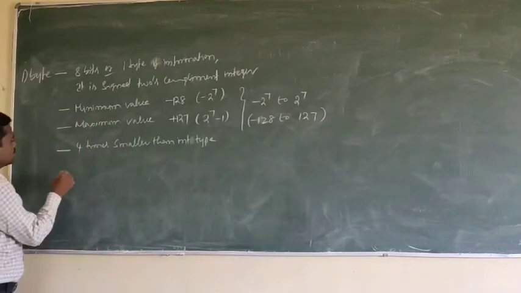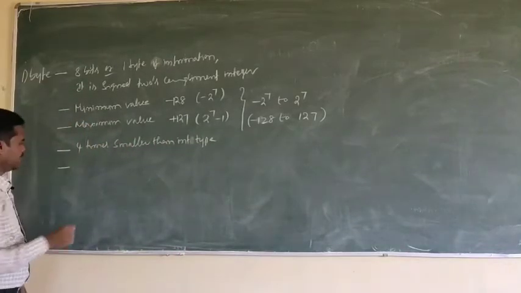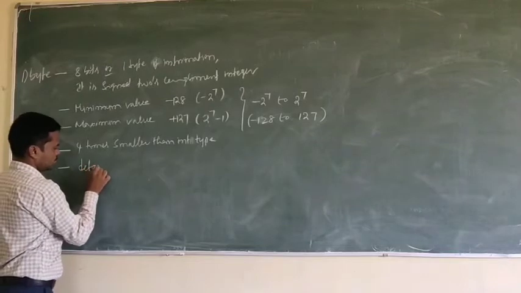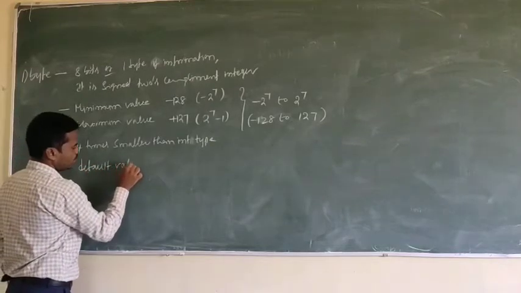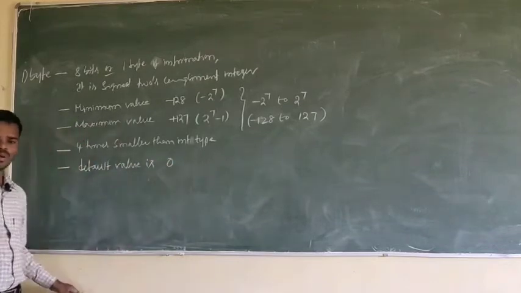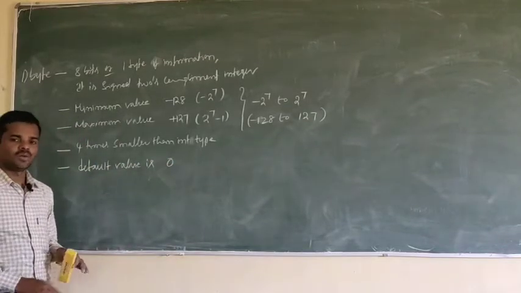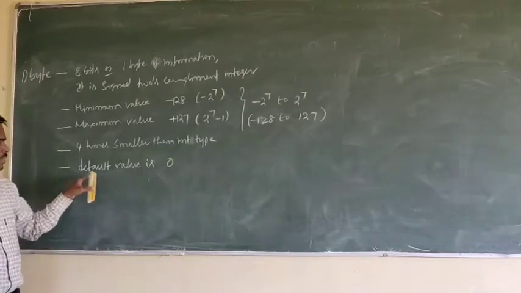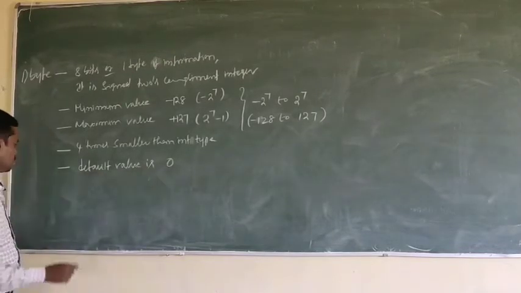And what is the default value of byte data type? The default value is 0. If you do not store any value in a particular byte variable, then the default is 0.